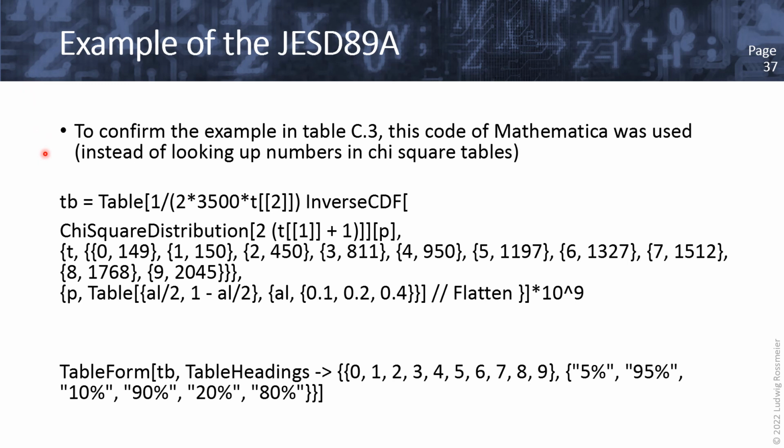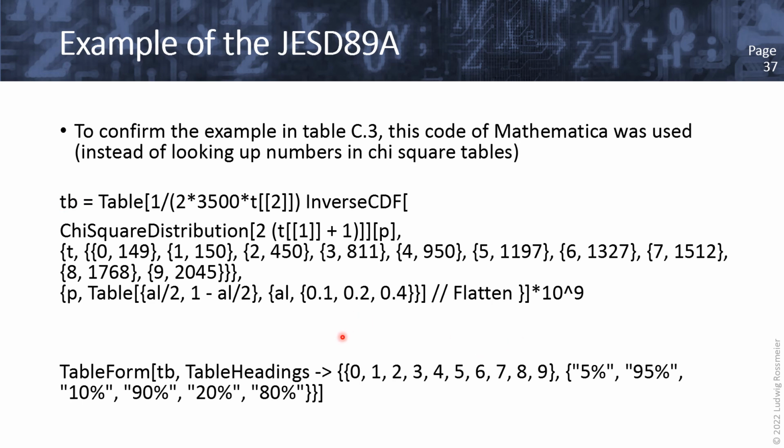I wanted to confirm the example in the JEDEC standard, particularly in table C3, and I used this code of Mathematica. Instead of looking up the numbers in the chi-squared tables, Mathematica is my favorite tool for doing mathematics. And here is the code given.